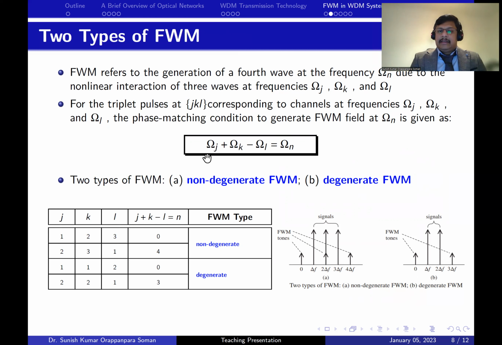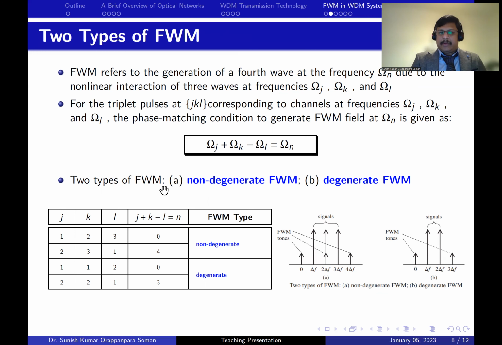That means we have 3 frequencies and 3 pulses, and those triplets interact together to generate a 4th pulse at the 4th frequency. So j, k, l, and n are the indices of the pulses in each wavelength channel.